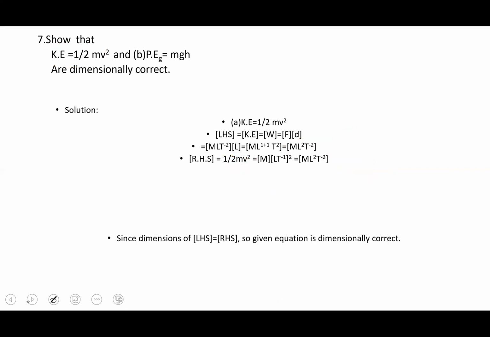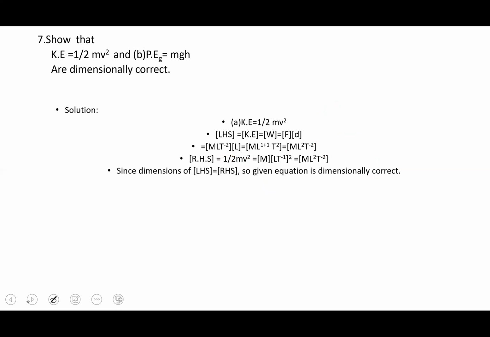What about potential energy? First of all, we say the dimension of energy on the left hand side and right hand side are the same, so the given equation is dimensionally correct. But what about potential energy? Potential energy is mgh. First of all, we compare it to work done. So the left hand side will be potential energy, which will be equal to work done, which is F into D. Again, the dimension is going to be the same as over here.